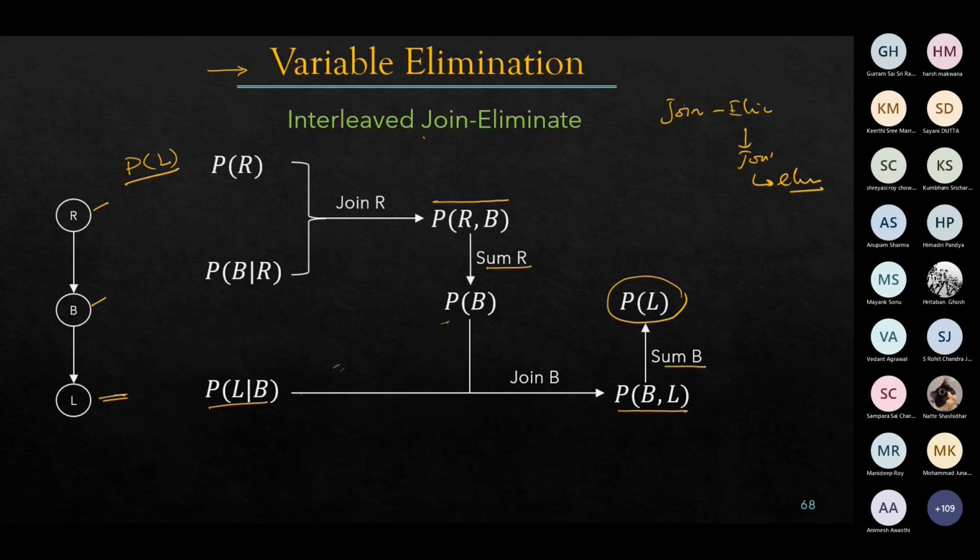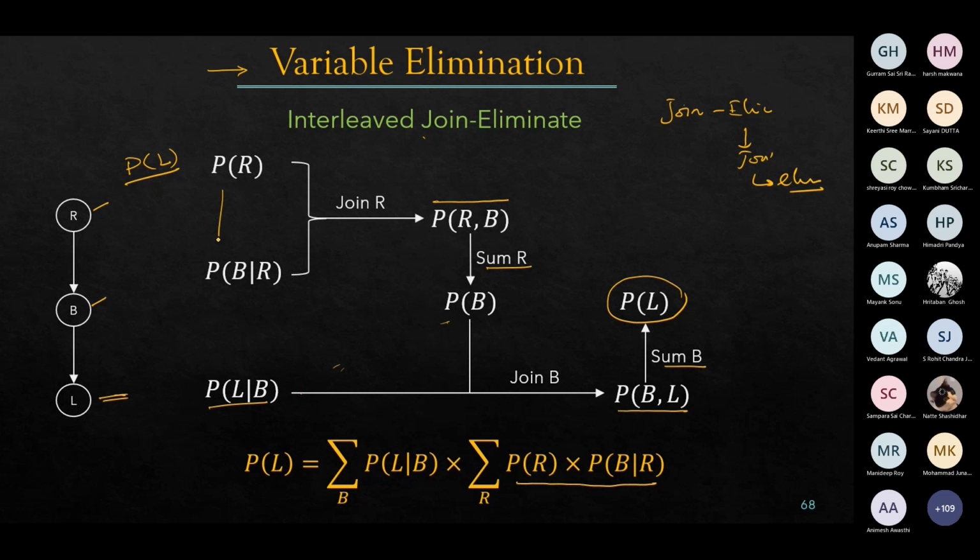And what is the kind of expression that we are evaluating here? So first we compute the join of these two, right? Then we perform the sum out. So this sum out is related to this. Then as a result, we get this, right? Then we perform a join operation between this and this. So this operation is being represented by this.